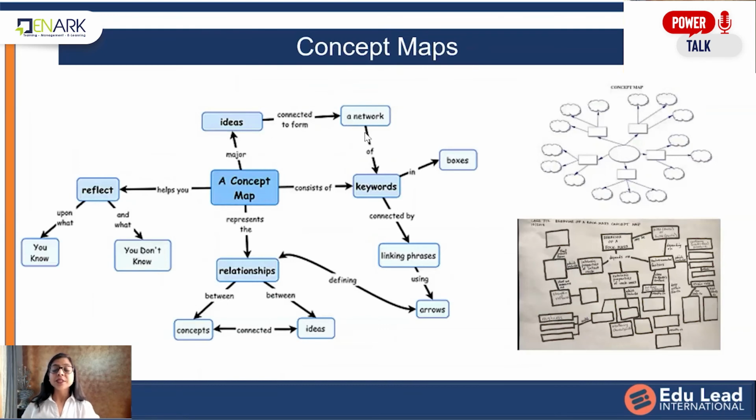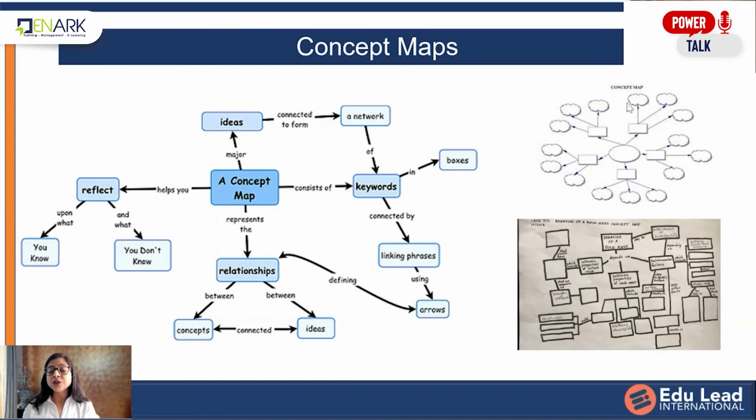Another thing which you can do is concept maps. How do you do differentiation through a concept map? Maybe to low achievers, you may want to provide a complete concept map and ask them to figure out whether there is any error in it, and if there is, make the corrections.